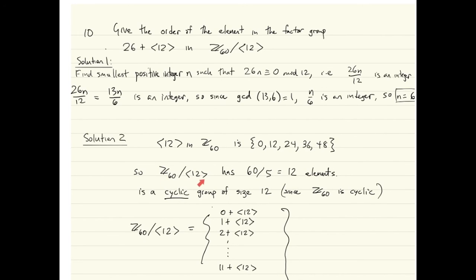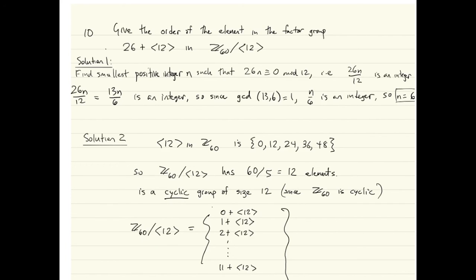And this group is cyclic because Z60 is cyclic. Z60 is generated by 1, and so this group is going to be generated by the coset 1 plus the subgroup generated by 12.